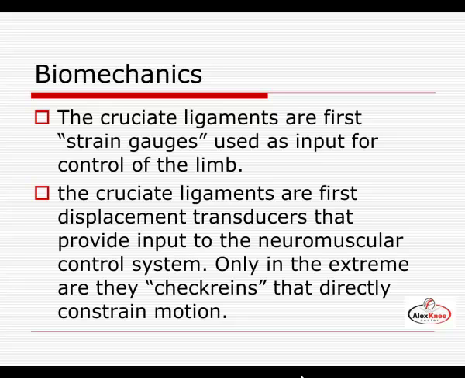It stimulates the muscles by sending signals to the nervous system to control the position of the knee and to make muscles contract in harmony to give more support to the knee. So it works like sensors, and cruciate ligaments are first displacement transducers that provide input to the neuromuscular control system.